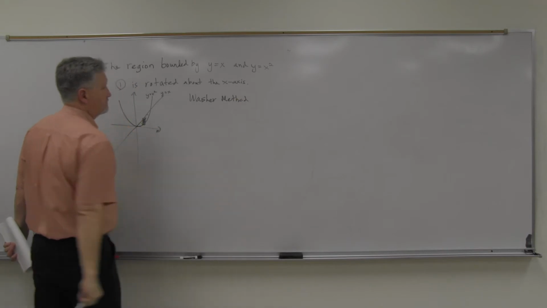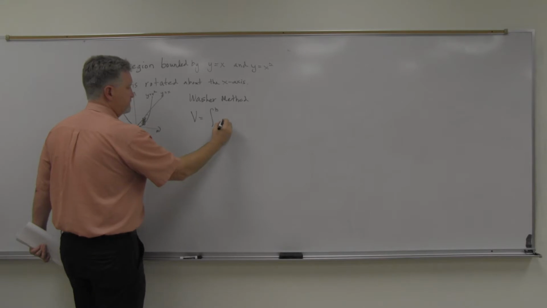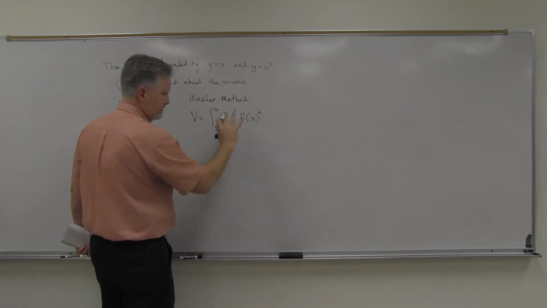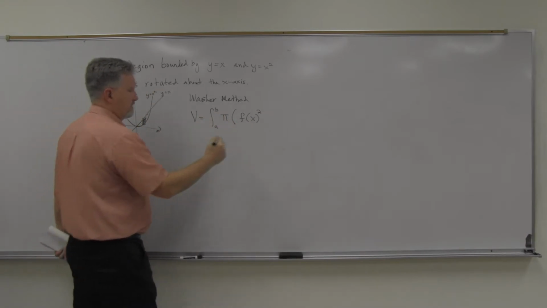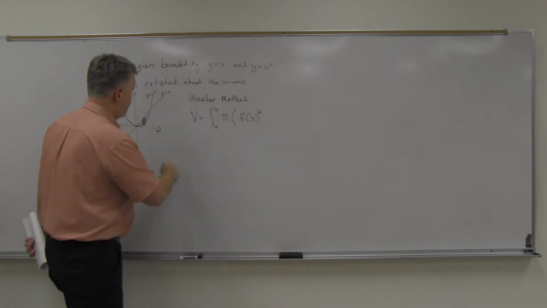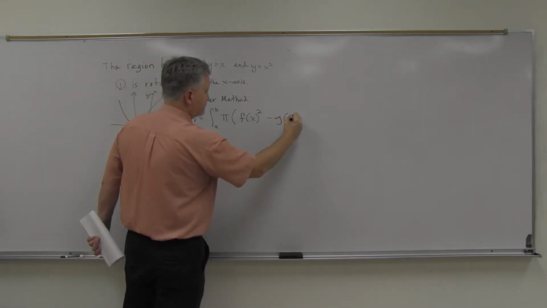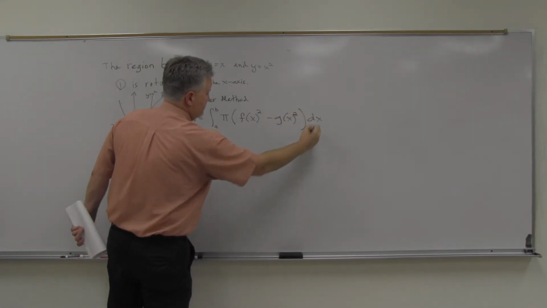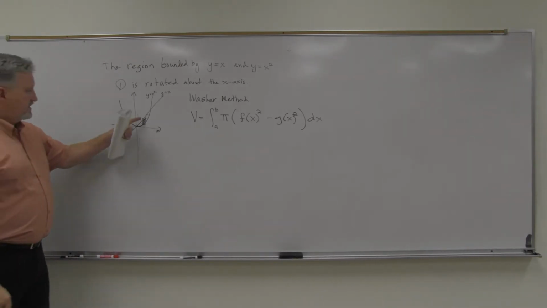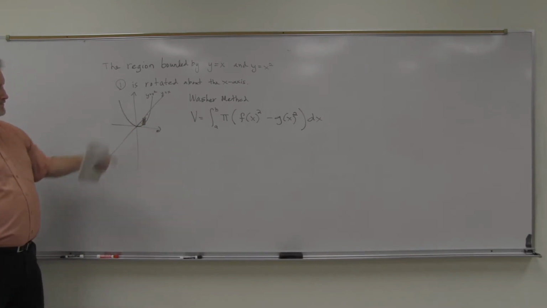So the volume equals the integral from a to b of pi times, and it's just an altered form of the disk method. You have f of x squared, but with the washer method, going between two curves, you subtract g of x squared, where f of x squared is the outer, upper one, and g of x is the lower one.